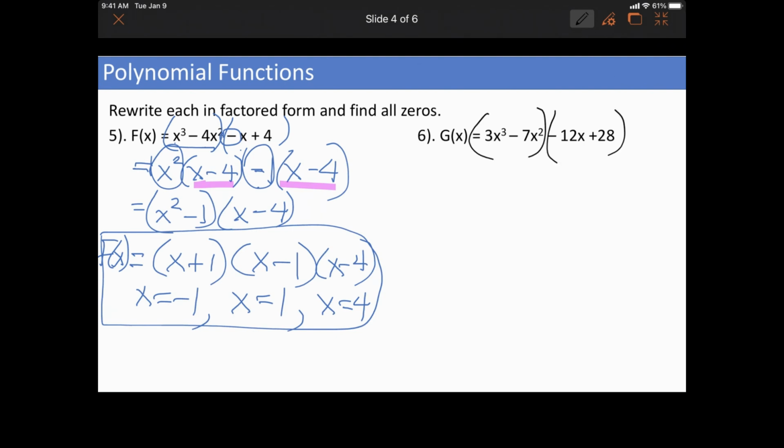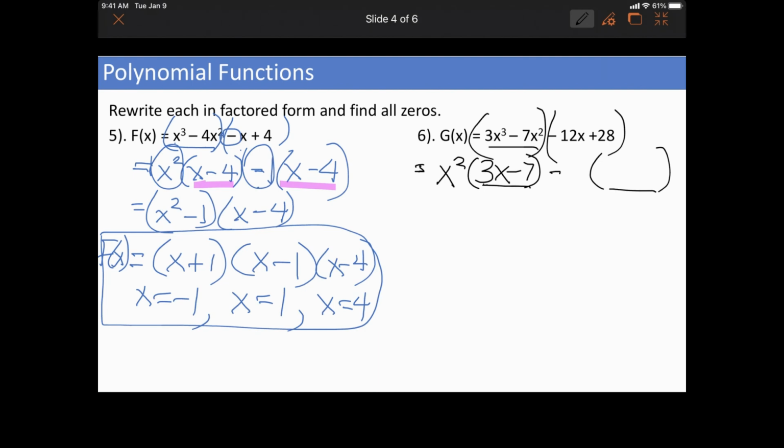So here I'm looking at what's in common. No common factor other than 1 with 3 and 7, and then I have x squared. So I'm going to have 3x minus 7. Now here's the thing. Because I know they have to be identical, this is how it can help you.